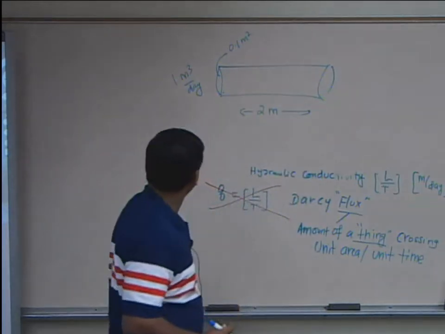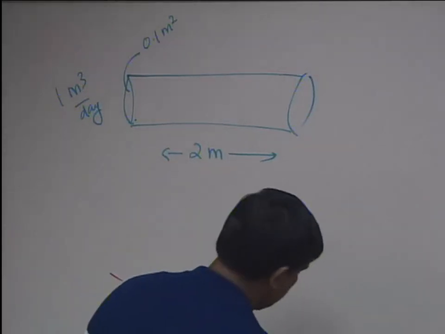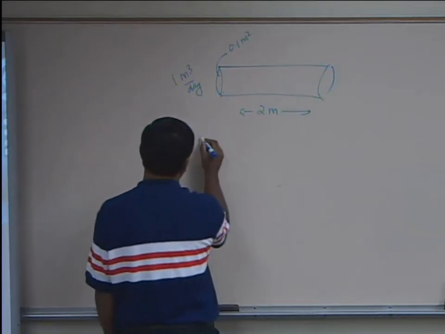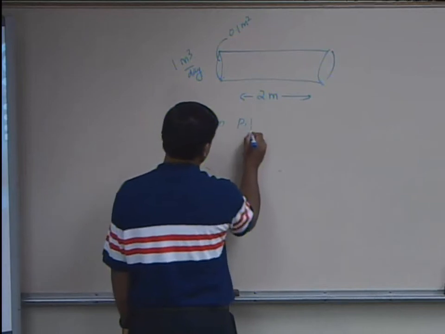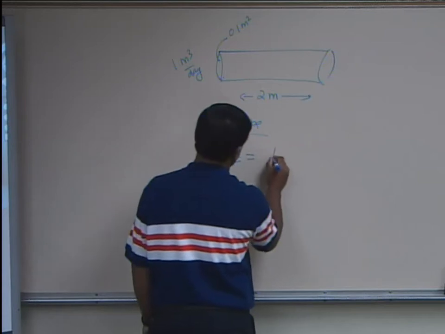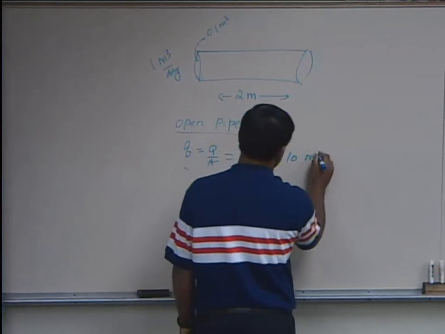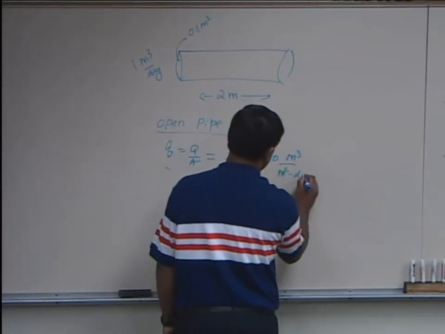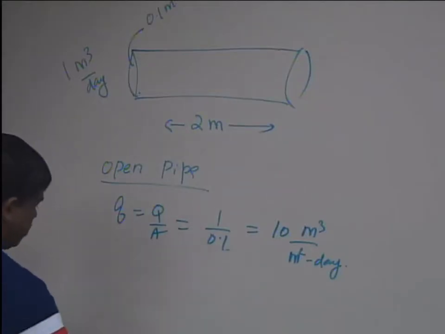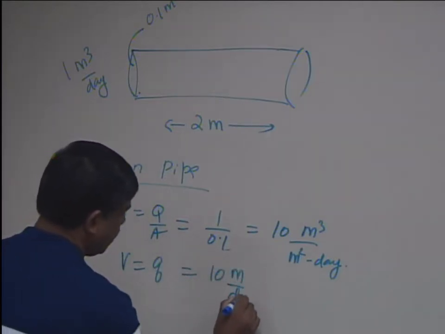I'm not even sure those things will make sense, but let's go with that. So that's my pipe to start with. If it's an open pipe scenario, q is equal to Q by A, which is 1 divided by 0.1, which is 10 cubic meter per meter square per day. And for an open pipe, V is equal to q, which is 10 meter per day.